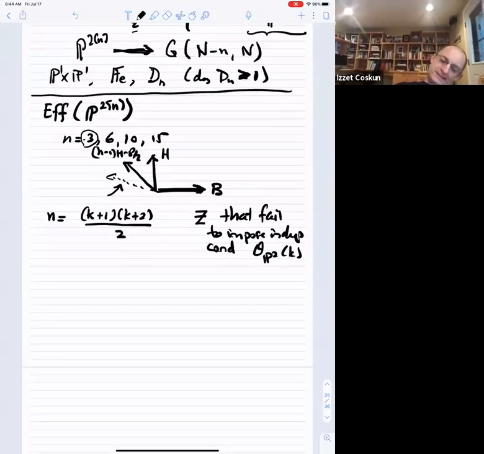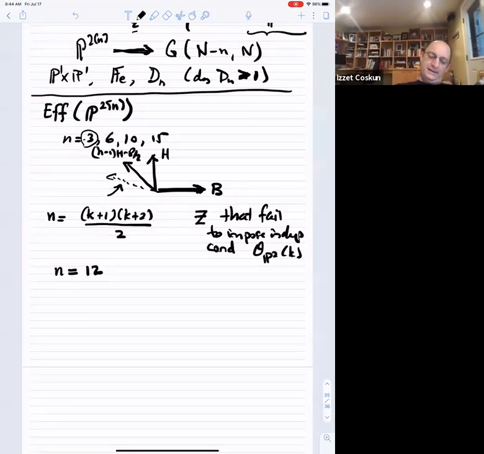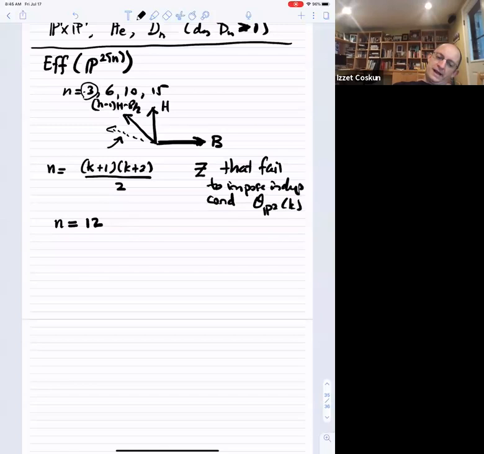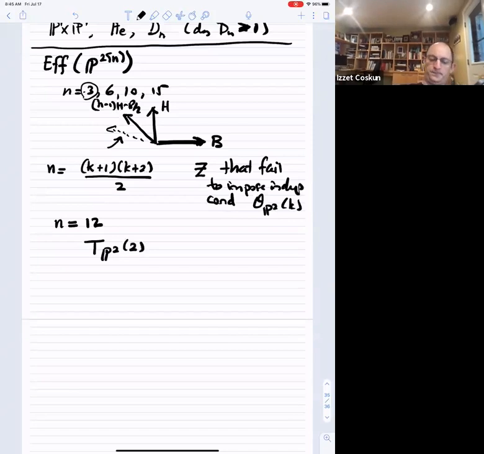The first interesting case that we were discussing was n equals 12. And then I tried to convince you that there, what we should look at is the tangent bundle of P2 twisted by 2, okay?